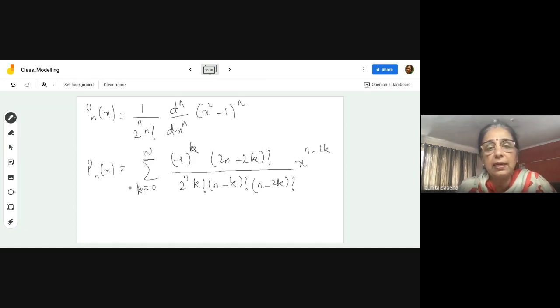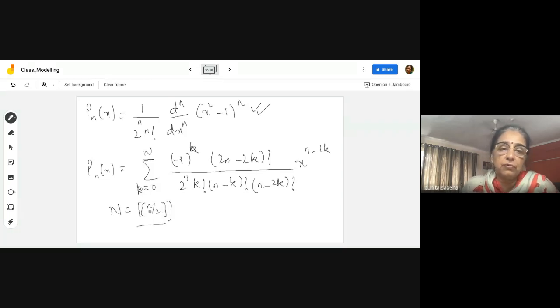Capital N was nothing but the integral part of n by 2. If n is even, then we have no problem. But if n is odd, then the integral part of that decimal is your capital N. That's where you have to take the summations. So this summation has to end at either n by 2 or n minus 1 by 2, depending upon whether your n is even or odd, right?